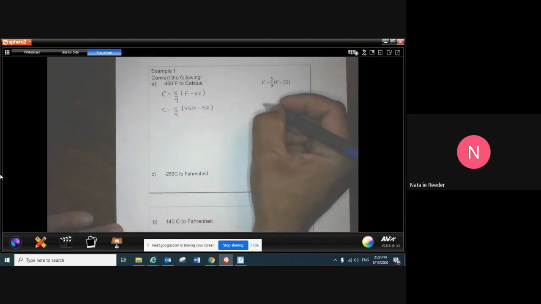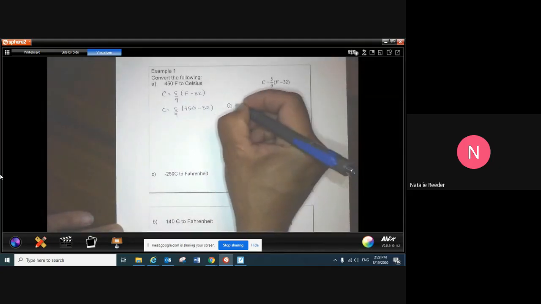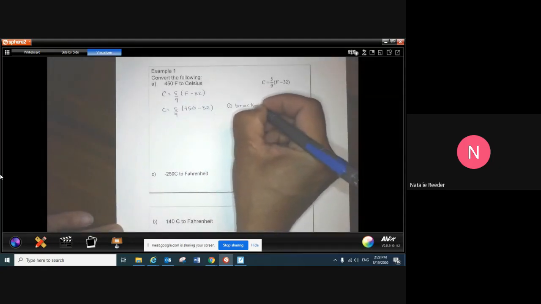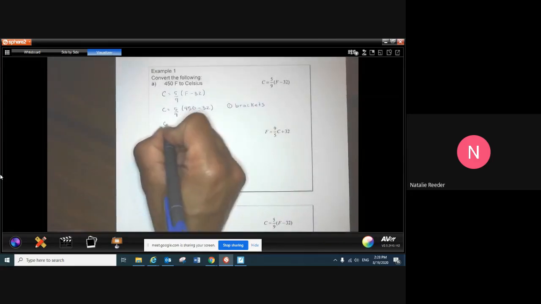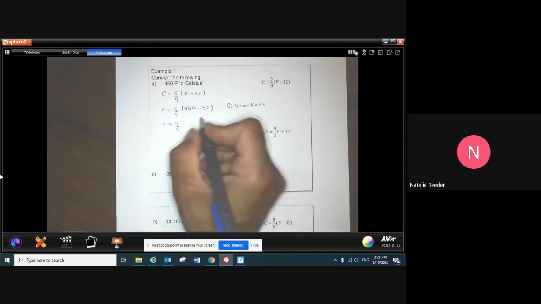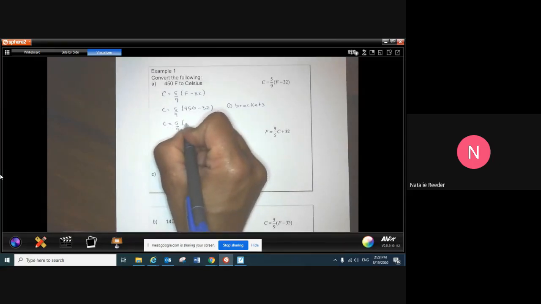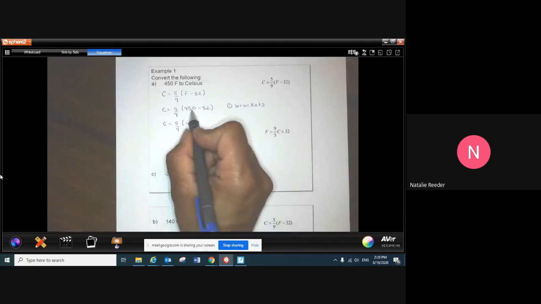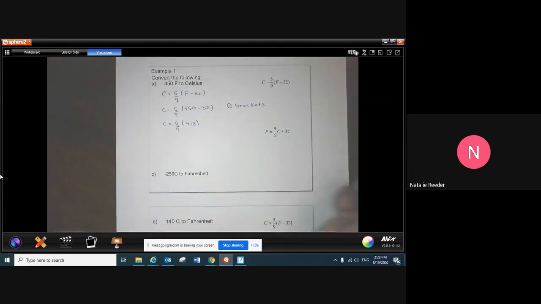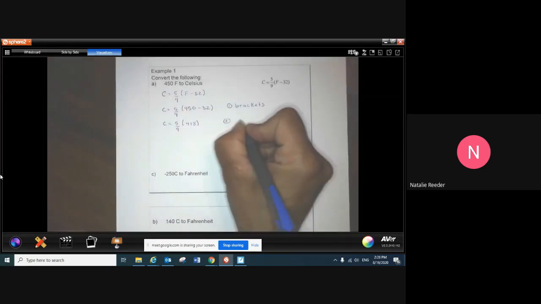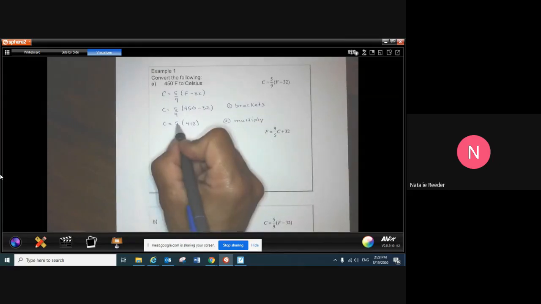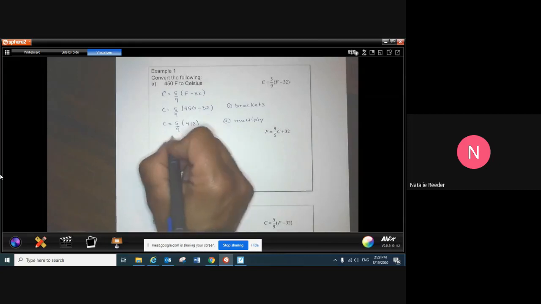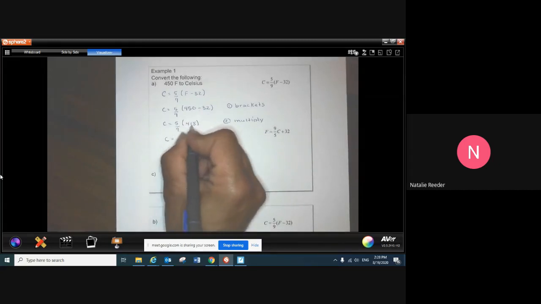So this is where our first step is to do brackets. So we're going to subtract 450 minus 32. So we have 5/9 times 418. 450 minus 32 gives you 418. Your second step is you're going to multiply. Now this is 5 times 418. So 5 times 418 gives 2,090.